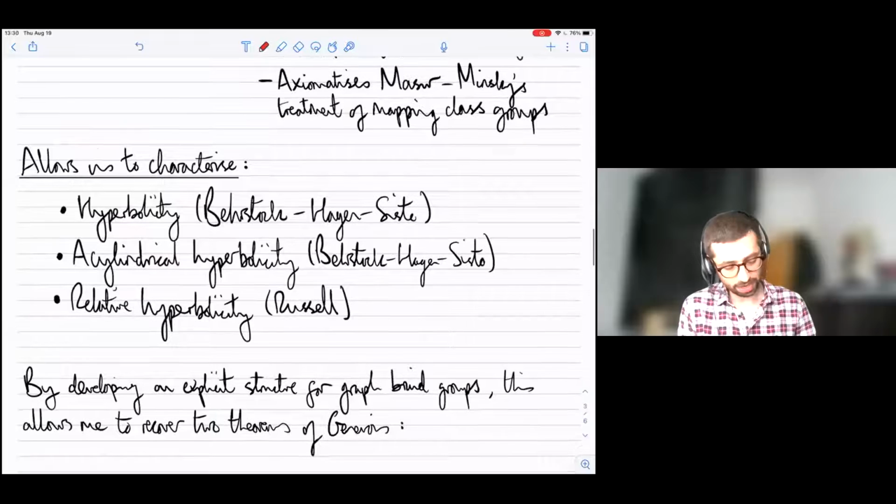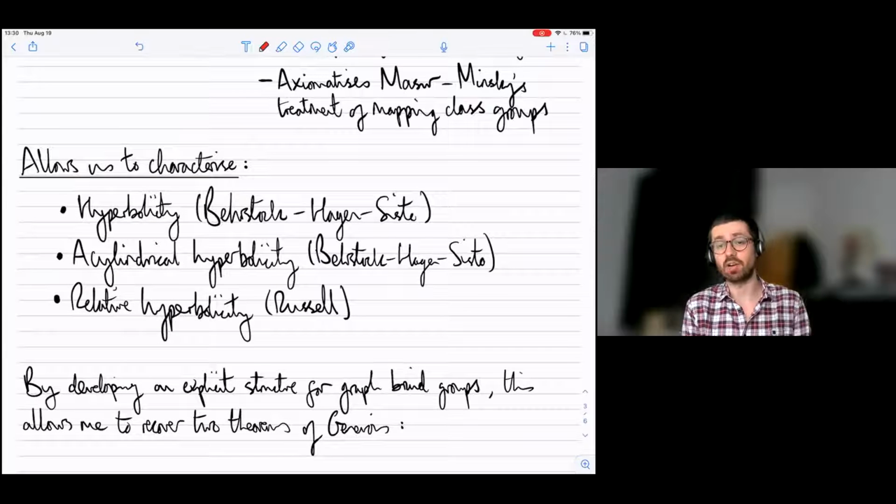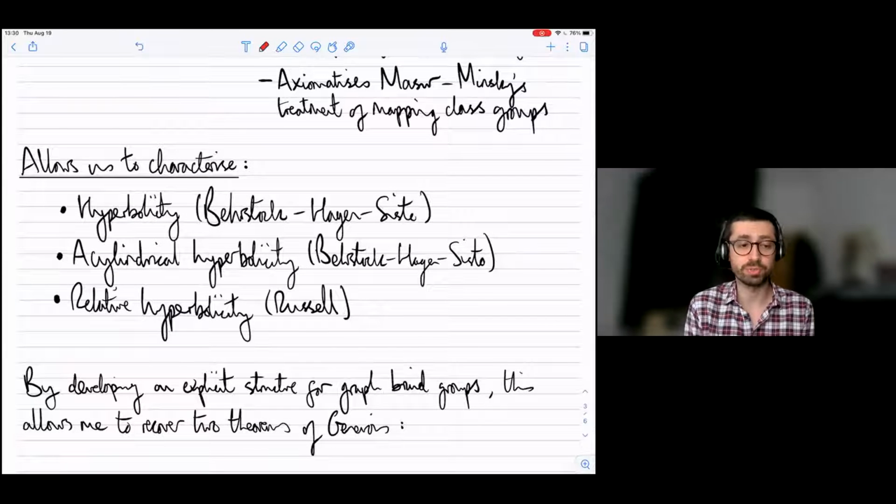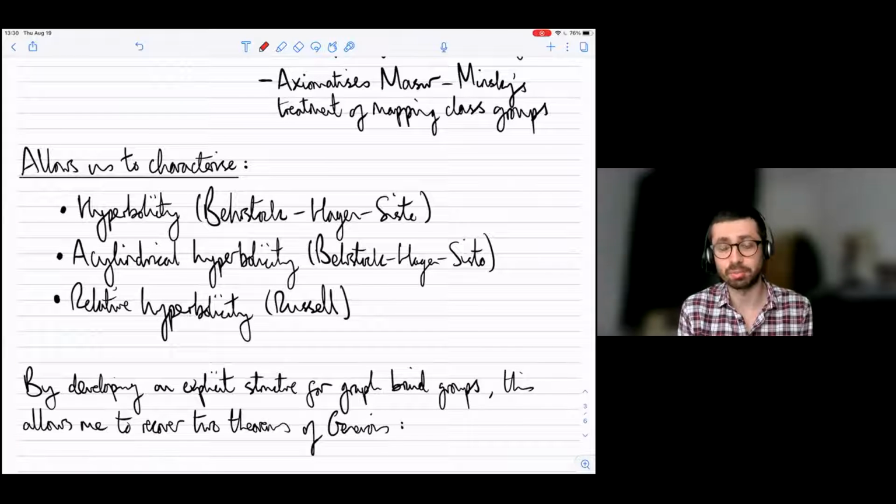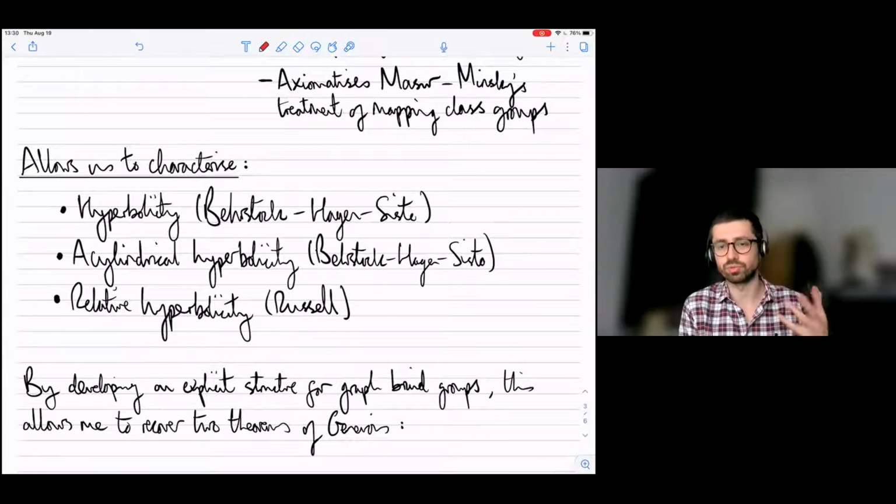In particular, by developing an explicit hierarchically hyperbolic structure for graph braid groups, I was able to characterize when graph braid groups exhibit these three forms of hyperbolicity. The first two were already shown by Genevois, so it allows me to recover those theorems via an alternative method of proof. In the third case, the result is new.